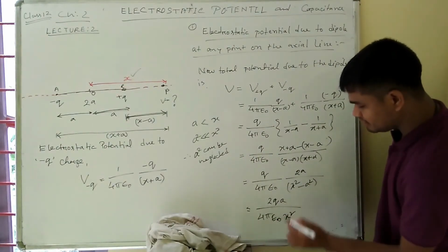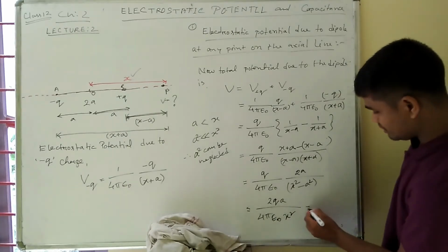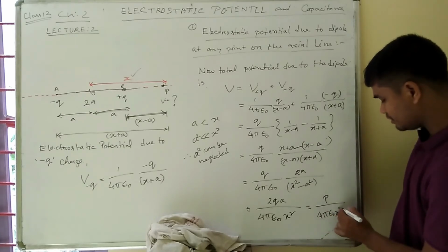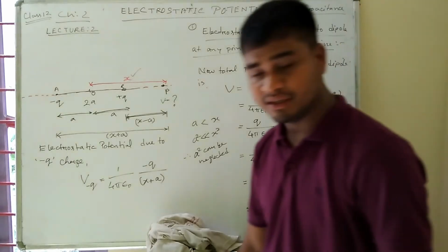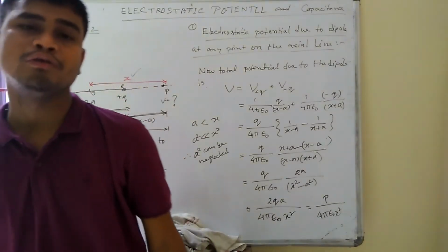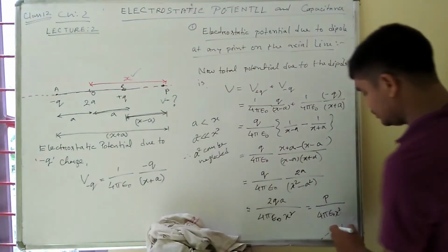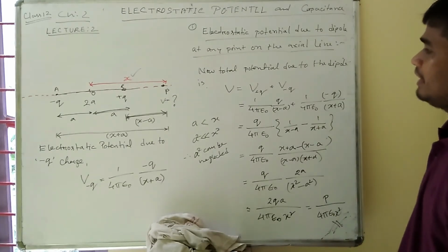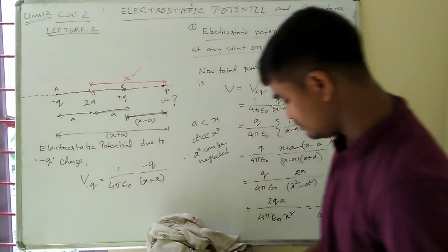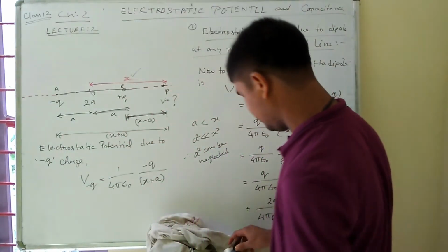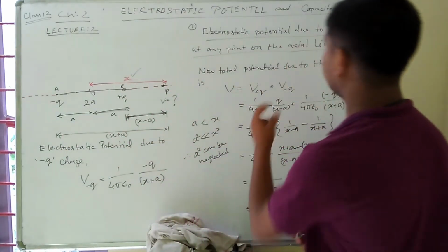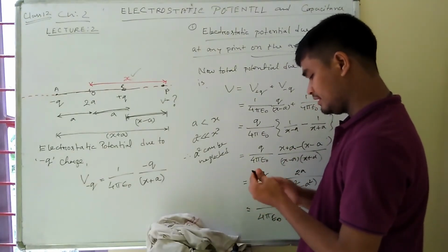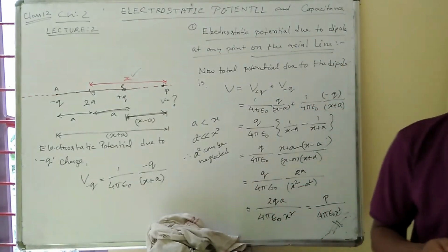Therefore this is x squared. This can also be written as p by 4 pi epsilon naught x squared. What is p? P is the dipole moment. So this is the electrostatic potential due to a dipole on the axial line. Next, write down please.